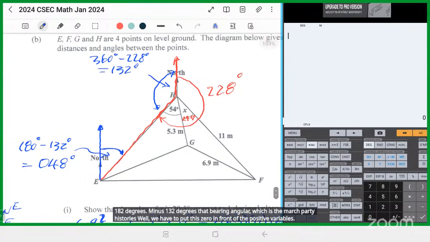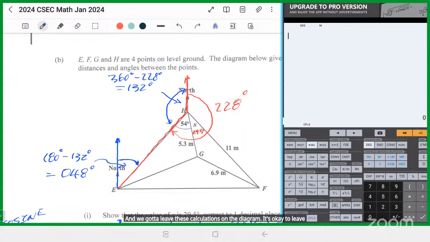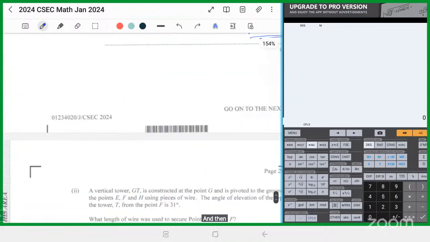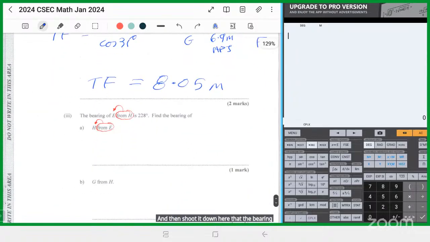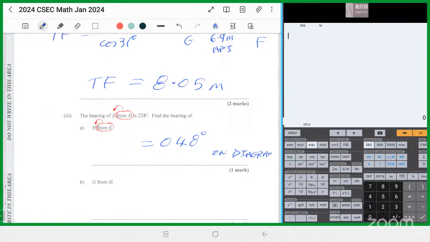And we can leave these calculations on the diagram. It's okay to leave those calculations on the diagram. And then show it down here that the bearing is 048 degrees. I did the calculation on the diagram, so you look at the diagram to see the working.